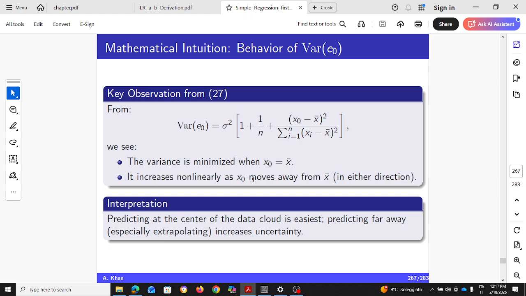If the new value is further away from the mean line, we have much more variance. It is very difficult to predict if this point is very far from the bulk of your data. It's easy if this point is near to the mean line, with good precision, and our uncertainty is less.